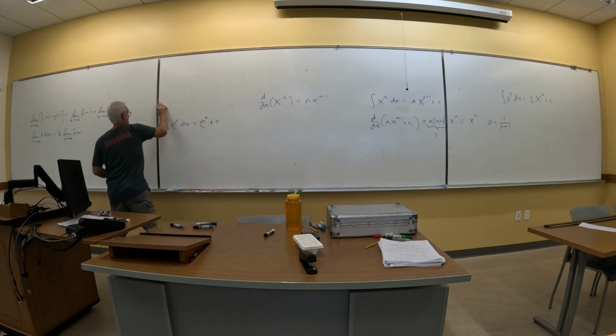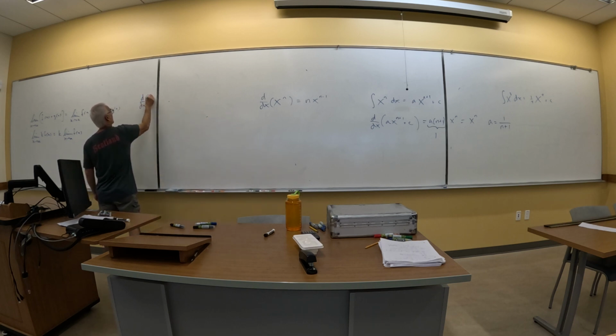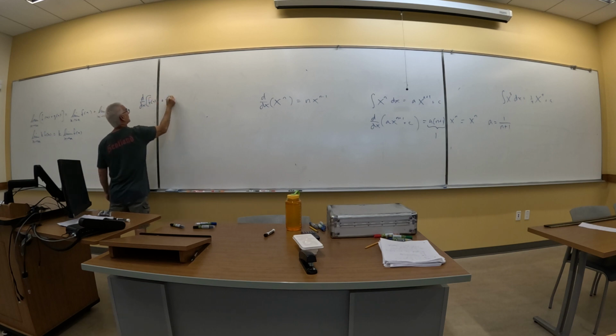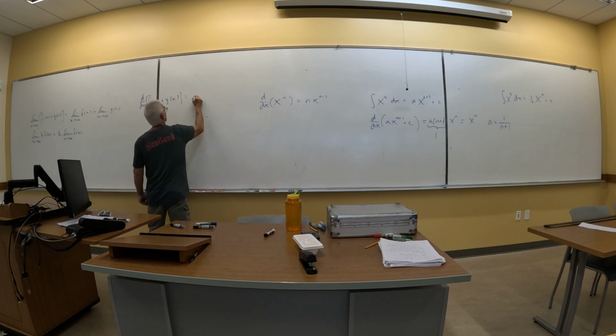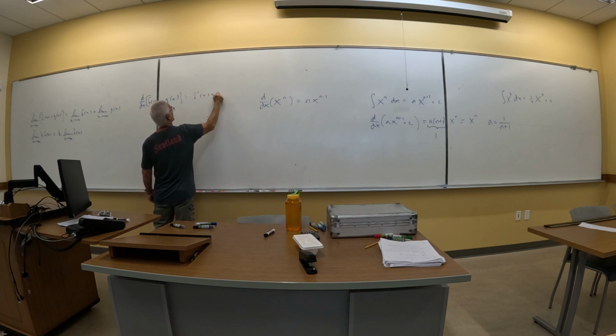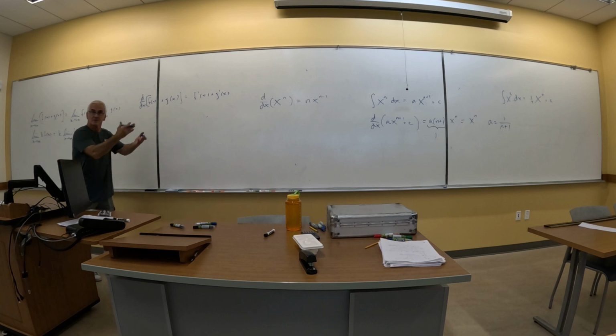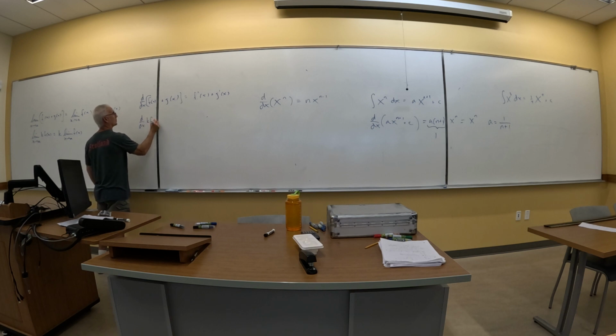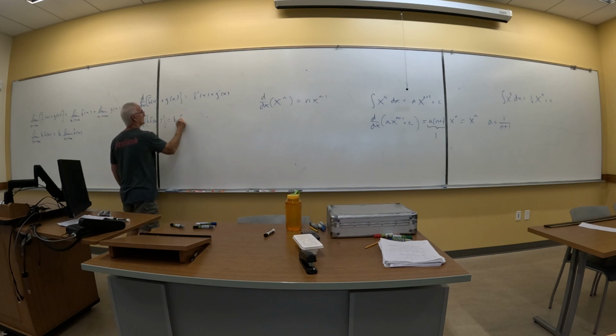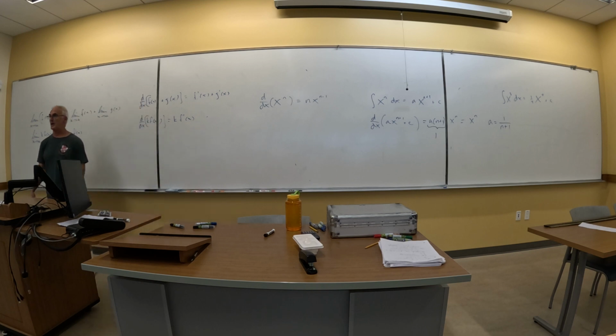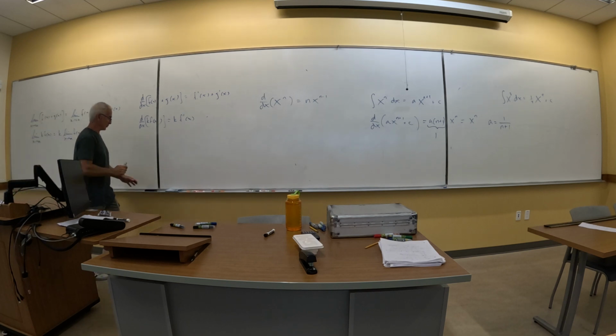So let's state what they are now in terms of derivative. How about the derivative of f of x plus g of x? We know it is f prime of x plus g prime of x. We know that. So in words, the derivative of the sum is the sum of the derivatives. We know the derivative of a scalar multiple is the scalar multiple of the derivative. Those are very powerful statements. Only the sum and scalar multiple go from limit to derivative. Well, it turns out they also go to antiderivative. And we'll prove it.